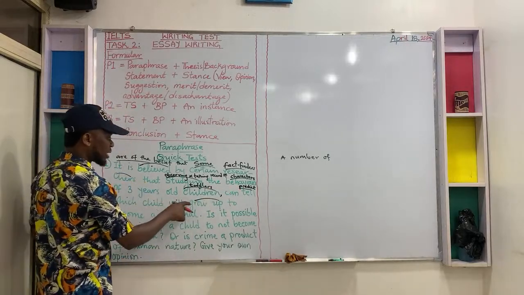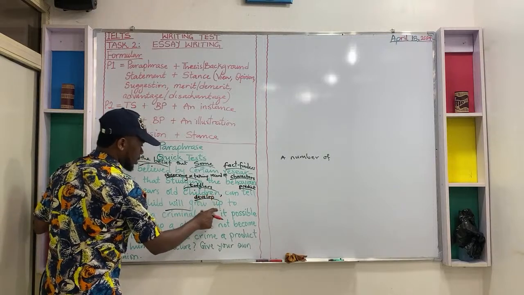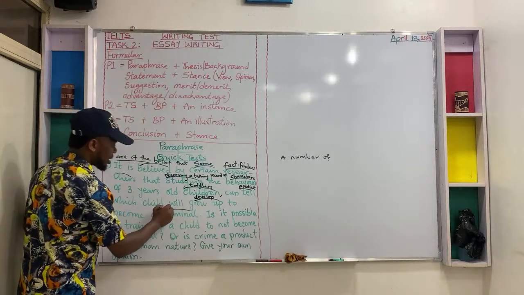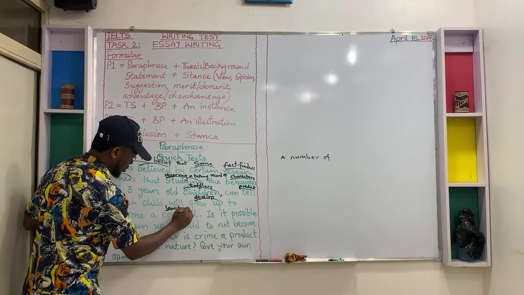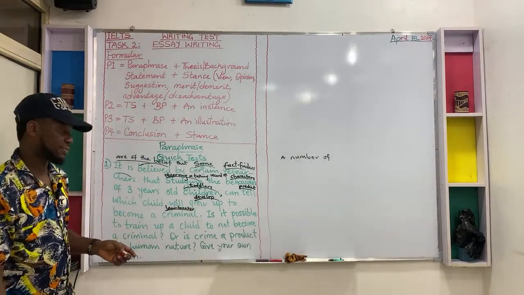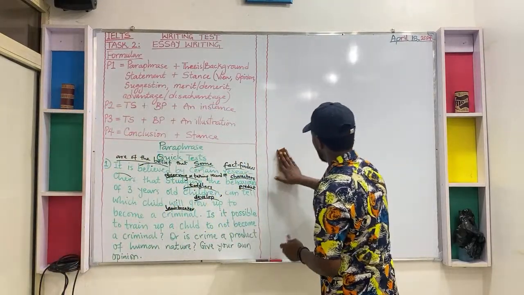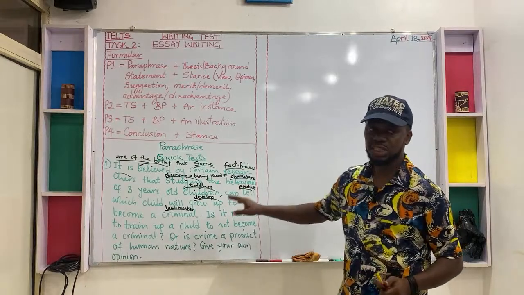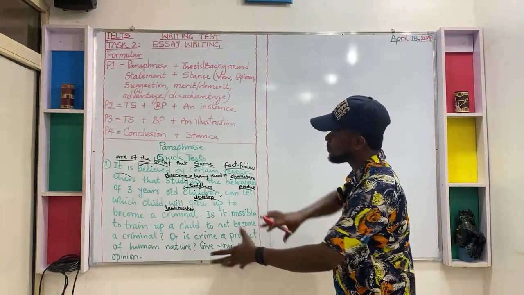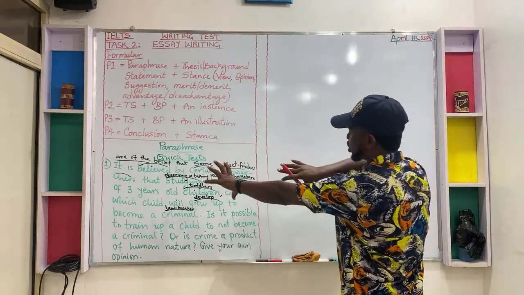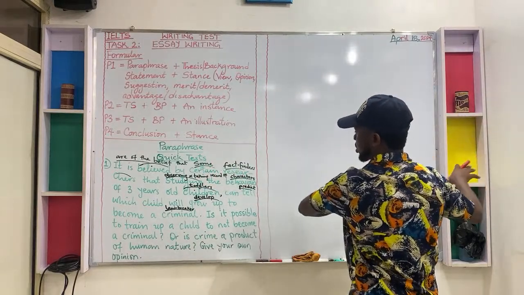Which child will develop to become a lawbreaker or a fugitive. Now, at this point, you have successfully paraphrased. So all you need to do next is transfer the paraphrased version of your question onto your answer sheet, right?